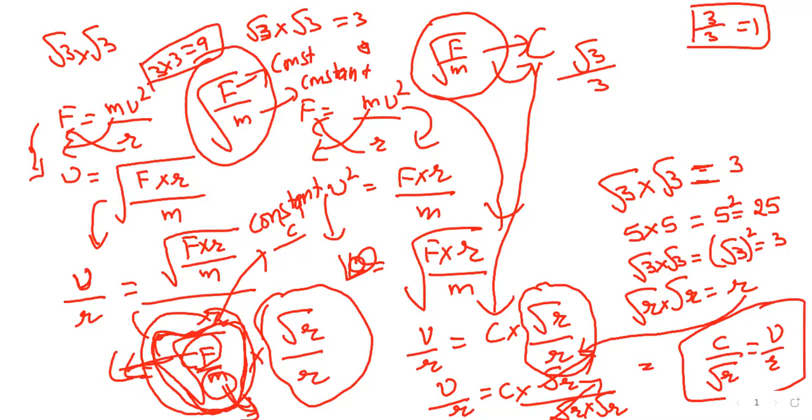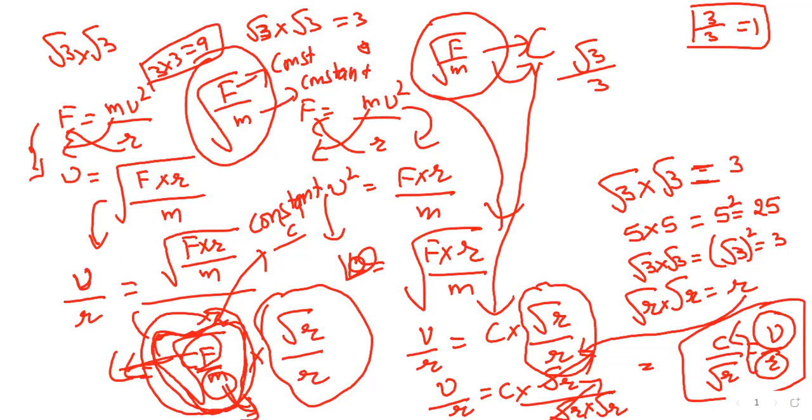They're asking that divide each girl's speed by the radius of their orbit. So I'm dividing their speed with the radius and I'm getting c over square root of r, where c is some constant. I don't know whether it can be any value. I'm not worried about this value right now. Mm-hmm.